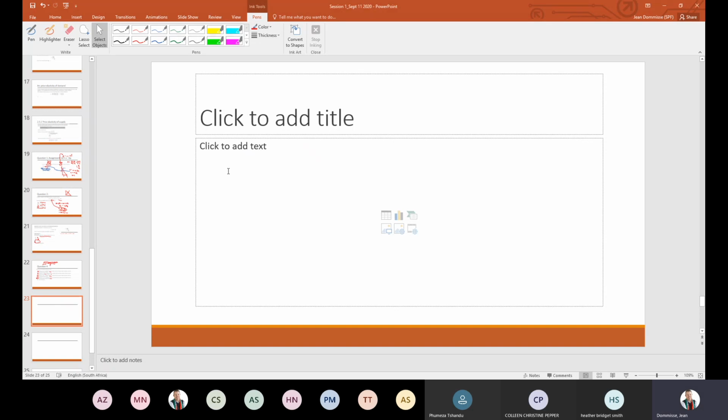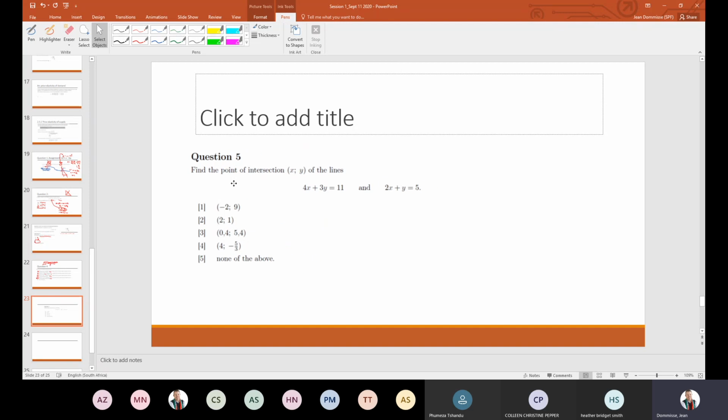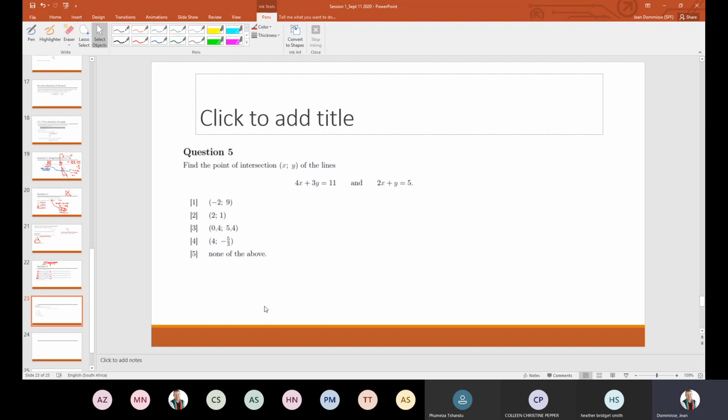Okay, so let's do question 5. Everybody can still see it. Okay, so find the point of intersection x, y of the lines.